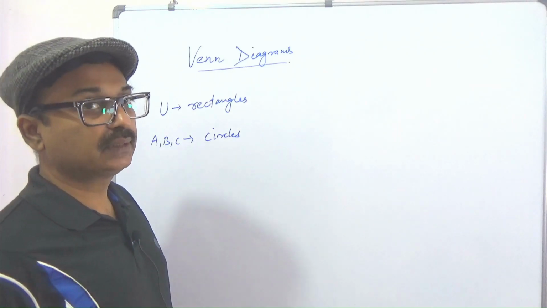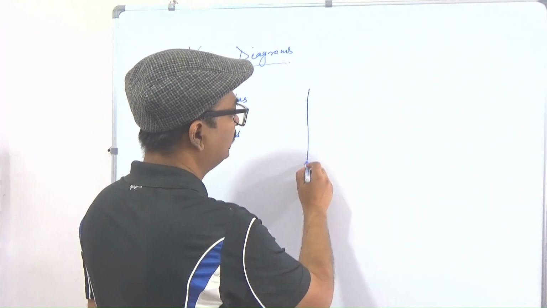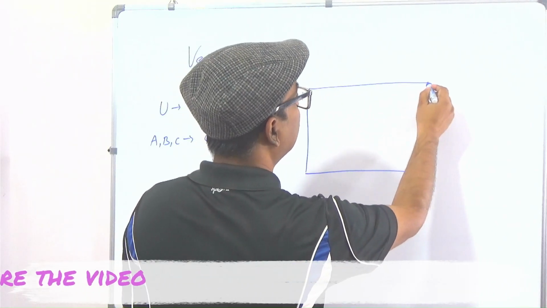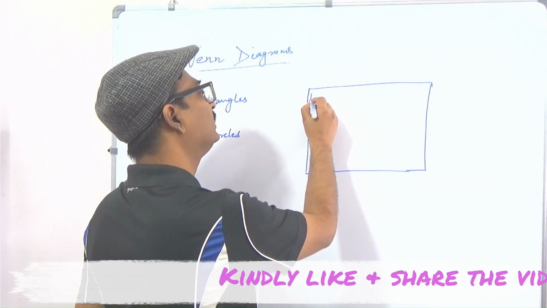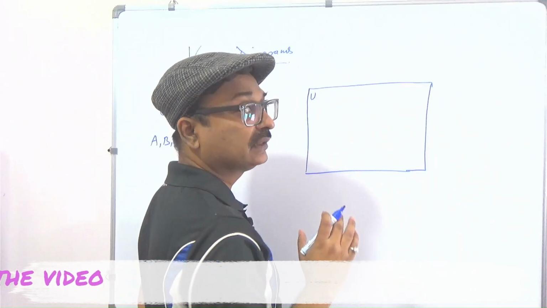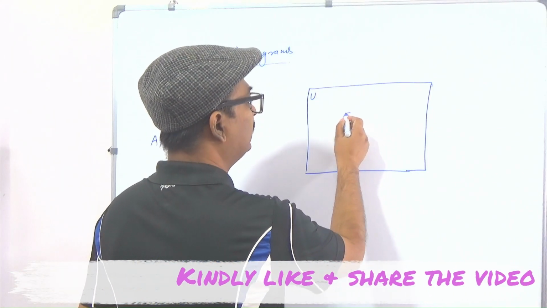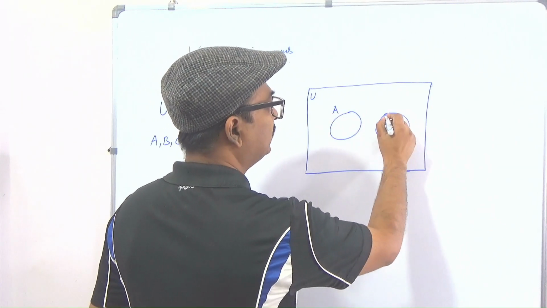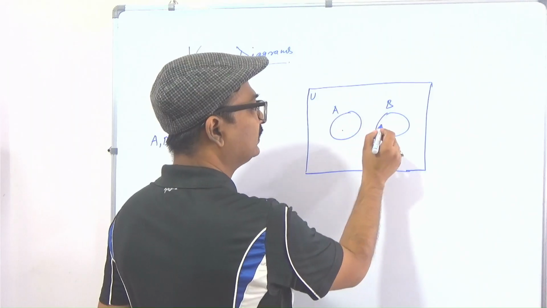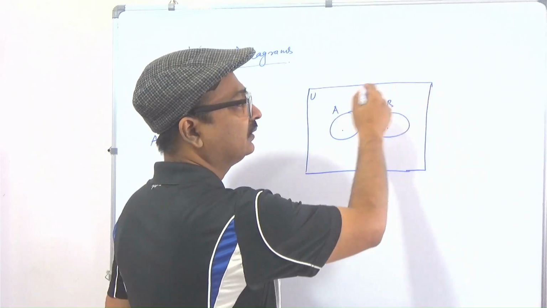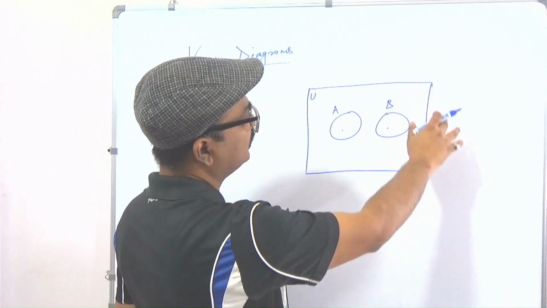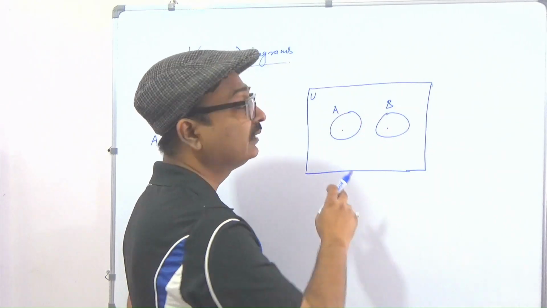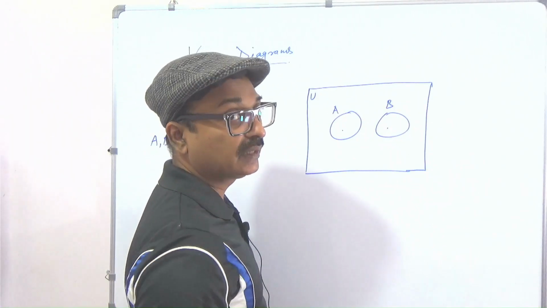U, the universal set, is represented as a rectangle, and it is a convention to write U here, so that it means this is the universal set. Let this be A, and let this be B. This shows that A and B are subsets of the universal set, that is, they lie within this bigger set.